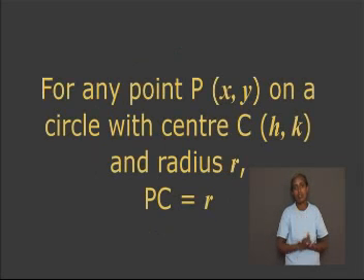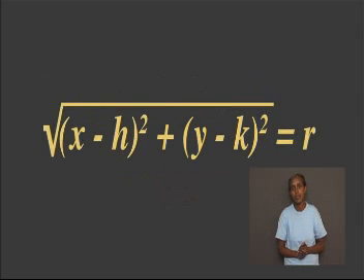From this definition, for any point P at (x, y) on a circle with center C at (h, k) and radius r, where PC equals r, the distance formula tells us that r equals the square root of (x minus h) squared plus (y minus k) squared.